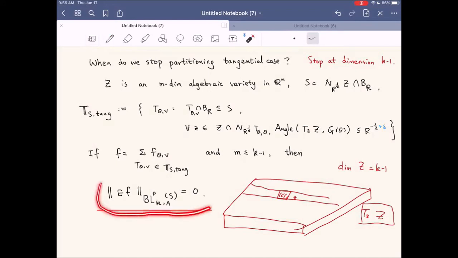By our definition of the k-broad norm, if f is tangential to a (k-1)-dimensional algebraic variety, then the k-broad norm is 0, because we can kill everything by the neighborhood of the tangent plane at every point. So this is where we stop.